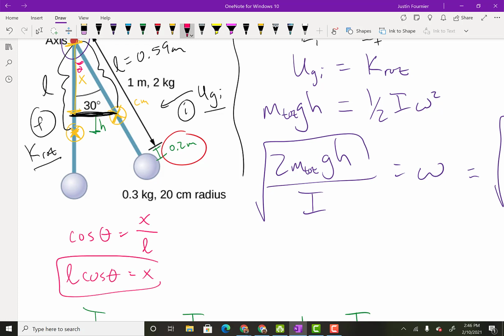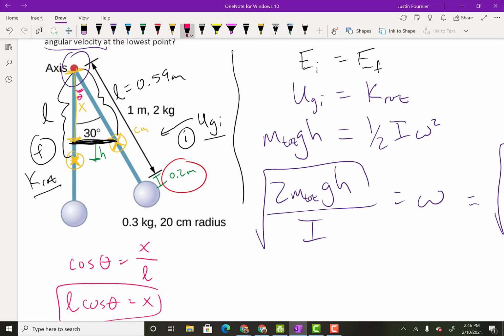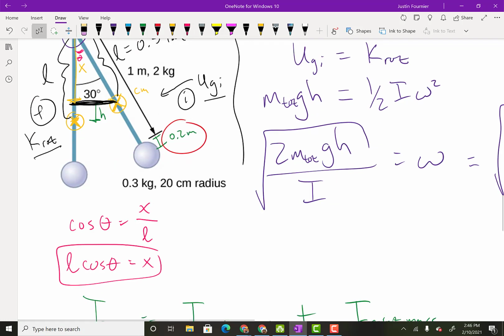And then I'm trying to find this height, right? Well, hopefully you can see too, this height plus X is equal to L. So the height plus X equals L, and I just found X equals L cosine theta.